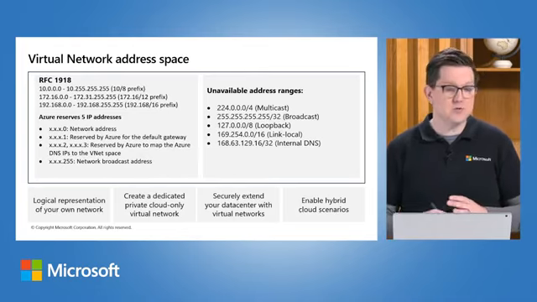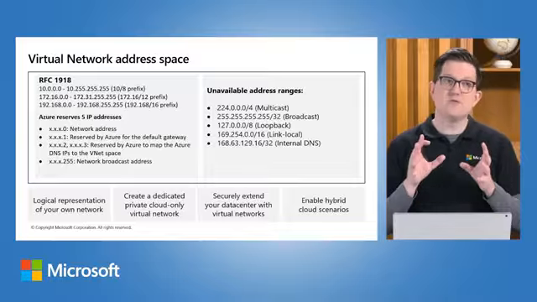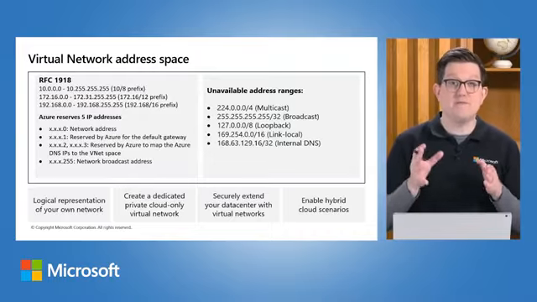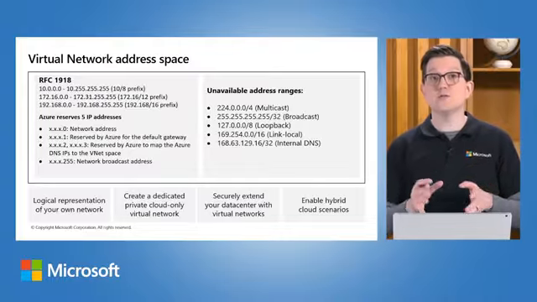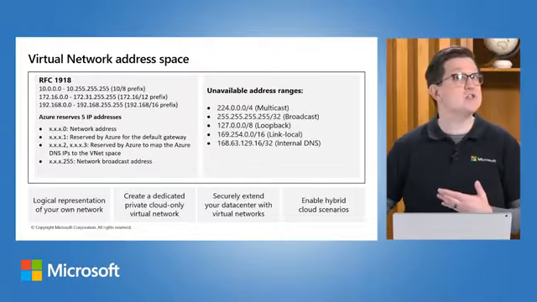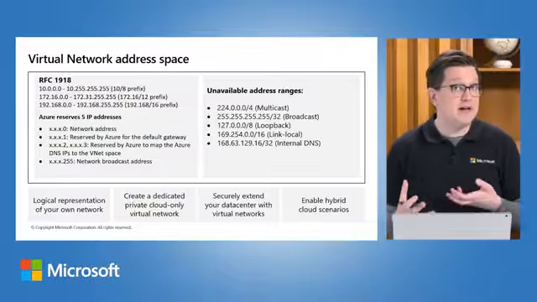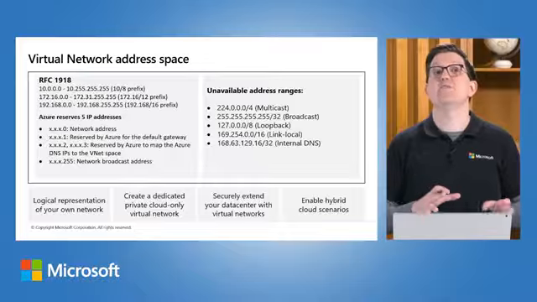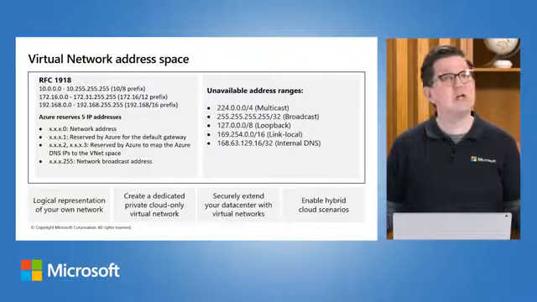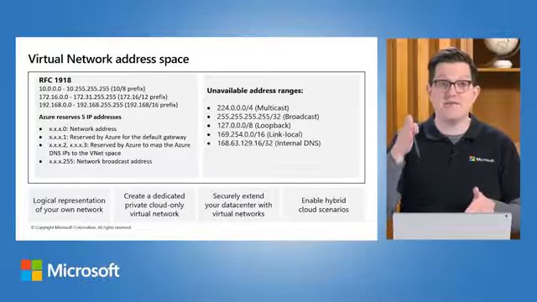But what's a little bit unusual is .2 and .3. These ones are reserved by Azure to ensure that from the get-go, your resources are able to resolve DNS queries, so they can find storage accounts without an issue and be able to easily look for things with that friendly naming. Again, if we want to customize that, totally up your alley. But from the get-go, everything works, and that is the goal.